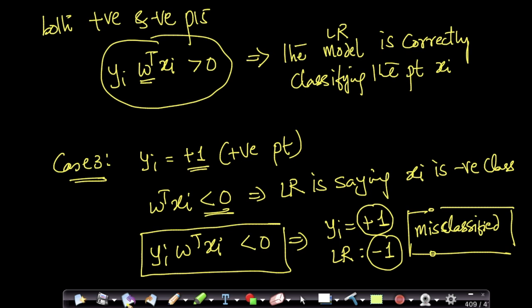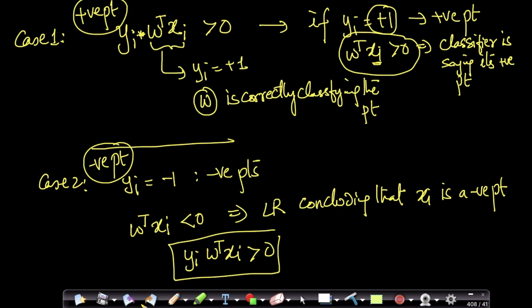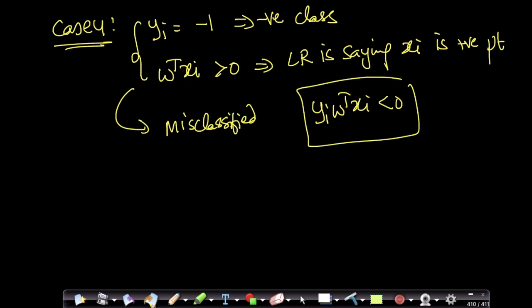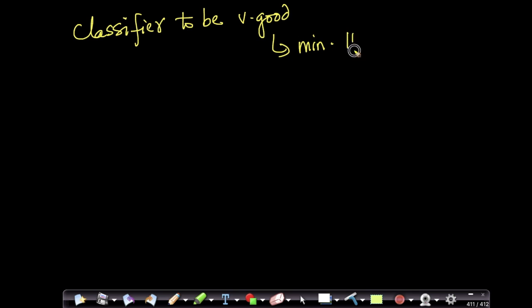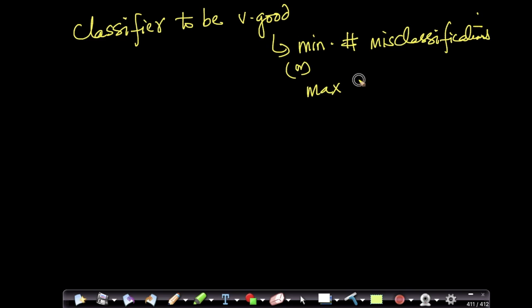So if you look at these 4 cases, what do you eventually want? At the end of the day, we want our classifier to be very good. What does very good basically mean? Minimum number of misclassifications, or you can call it maximum number of correctly classified points.